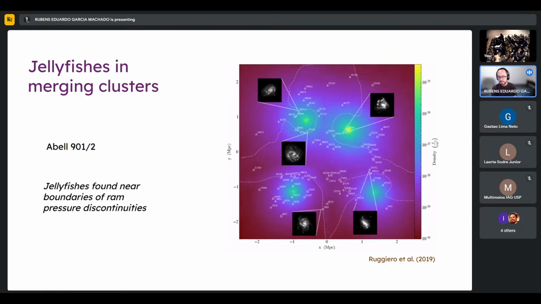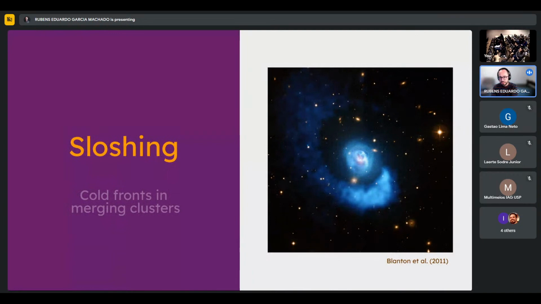So this is already an indication that the perturbed intracluster medium gas might be playing some role in the formation of jellyfish tails.